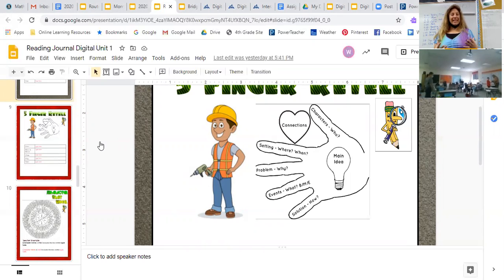We're going to be focusing on those things today, and I'm going to model for you with the book Humphrey. Now, to give you a little background, I'm going to go back to chapter 1, and we're only going to do the five-finger retell on chapter 1. Now, thinking back to chapter 1, I'm thinking about what happened. And I'm just going to do a quick skim.